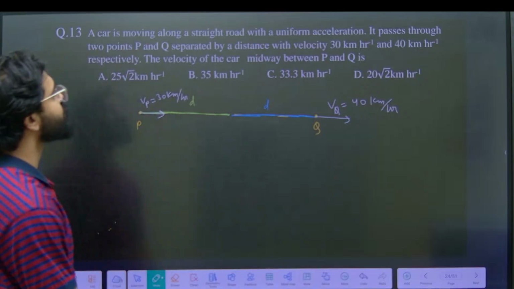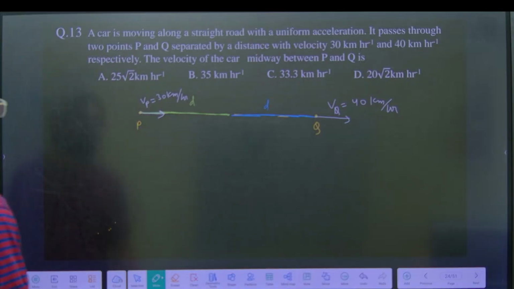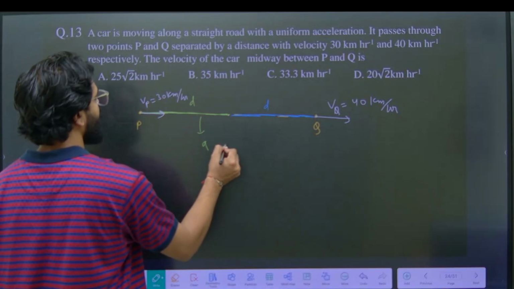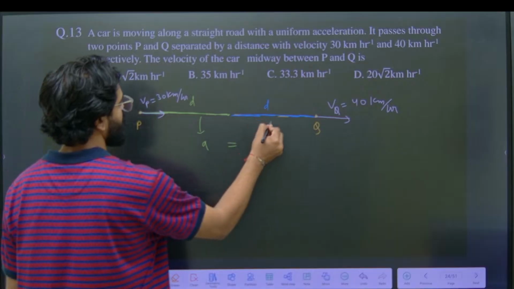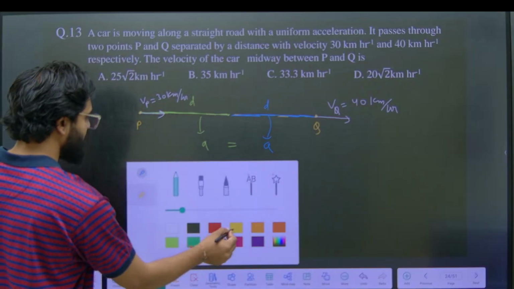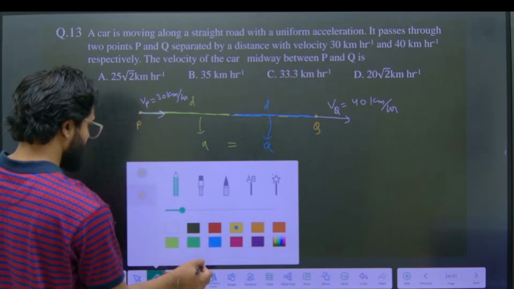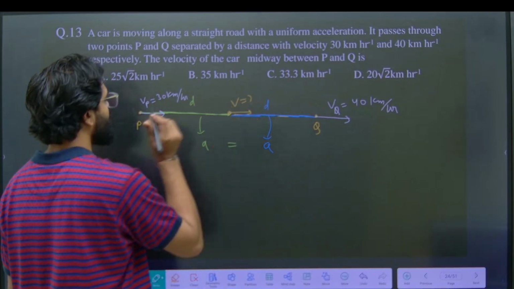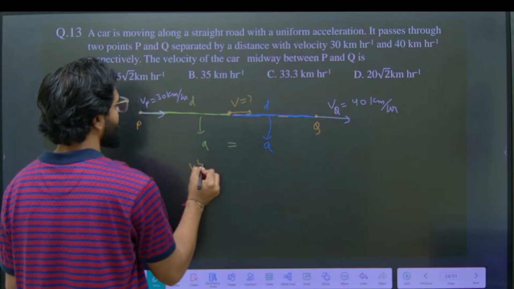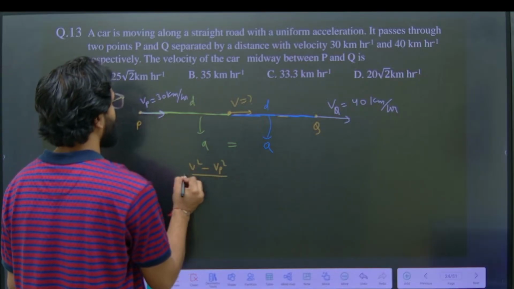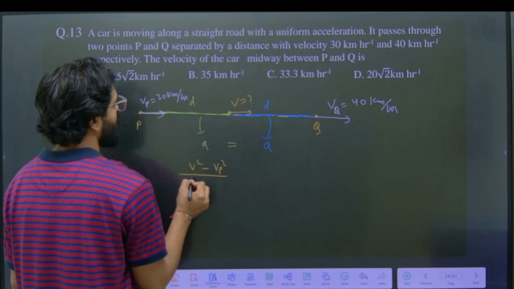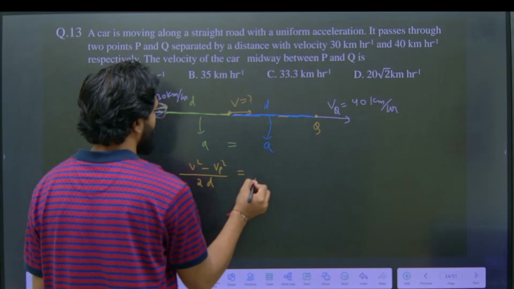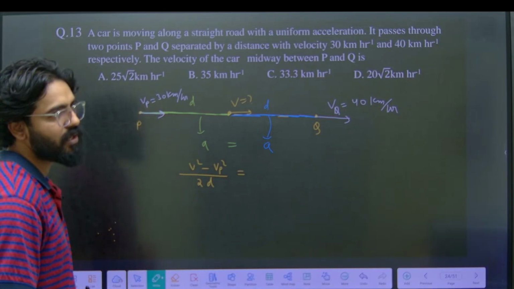Okay. So with uniform acceleration. So he's saying, bhai sahab, do nothing, put A equals to A. Barabar. Correct. So we can say, let's say that over here velocity is V. This is what he's trying to ask. Okay? So we can write V square minus Vp square upon 2D equals to, we are just writing V square equals U square plus 2aS, right?